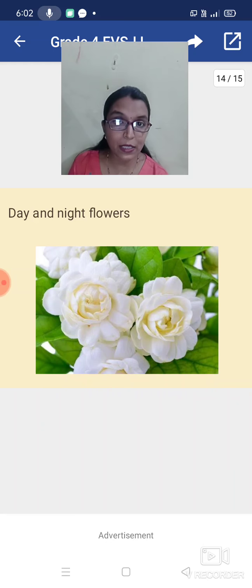There are mainly 5 parts of the plant: the root, stem, leaves, flower and fruits. But in this lesson we have learned only about roots and flowers. There are 2 types of roots: tap root system and fibrous root system.